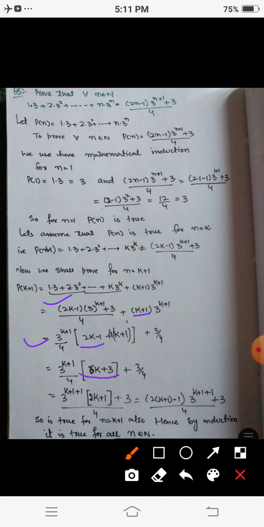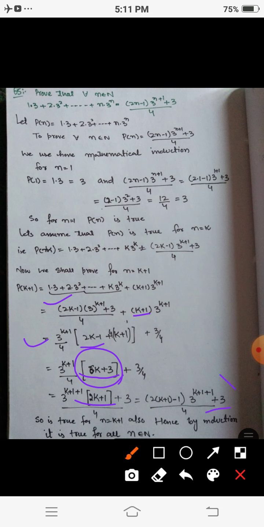Taking 3 common, it is simply 3 raised to power k plus 1 into (2k plus 1) upon 4, plus 3 upon 4. Now this 2k plus 1 can be written as 2(k plus 1) minus 1, which gives 2k plus 1. So we have (2(k plus 1) minus 1) into 3 raised to power (k plus 1) plus 1, plus 3 upon 4.